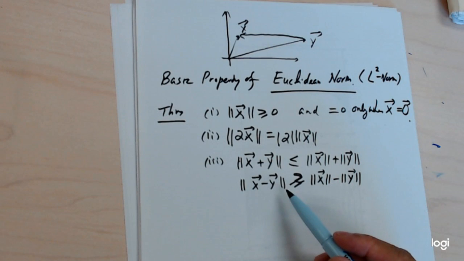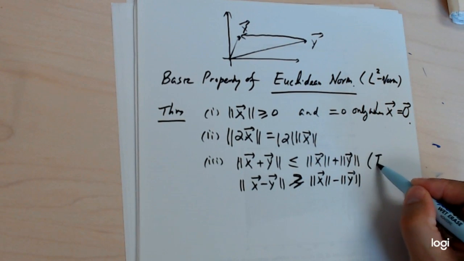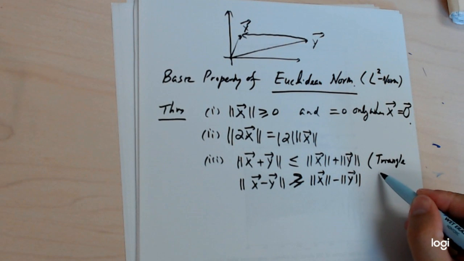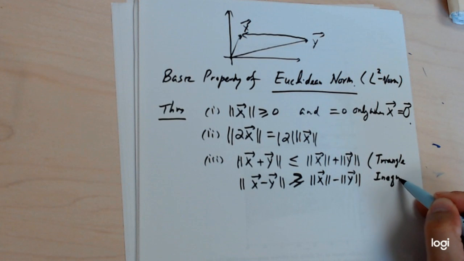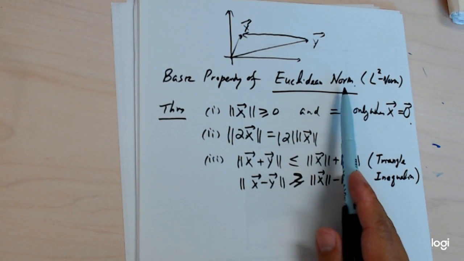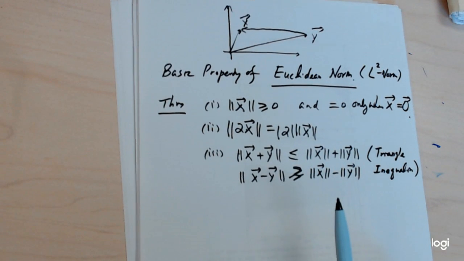This looks like the triangle inequalities for absolute value functions. Indeed, the norm in Rn behaves very much like the absolute value function, so all the properties are the same.